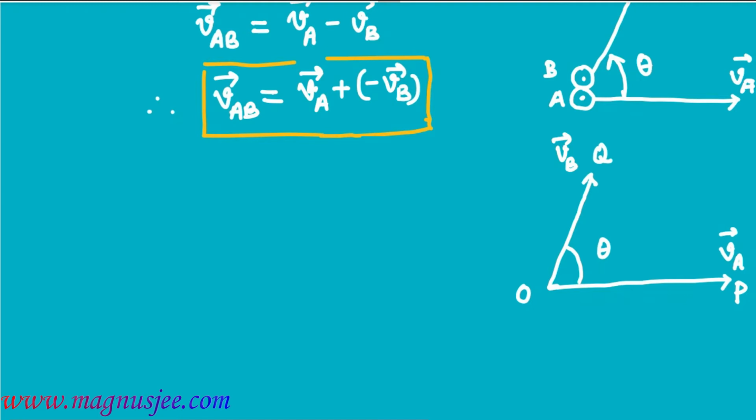And here vector VB should be reversed. To get vector VAB, we have to add vector VA with minus vector VB. That's why in the diagram, VB should be reversed.